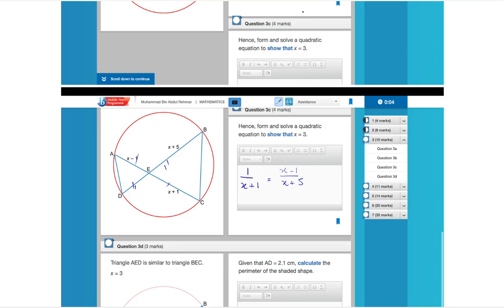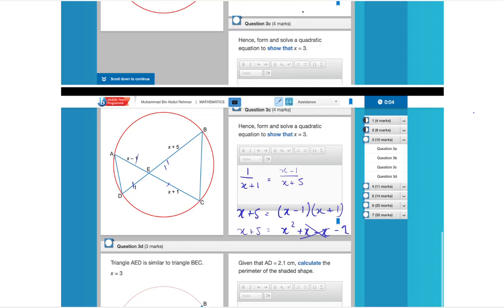Because they're basically congruent angles of each other. And now what do we have to do? We just have to cross multiply. So x plus 5 equals x minus 1 into x plus 1. X plus 5 equals x squared plus x minus 1. So plus x and minus x cancels out.